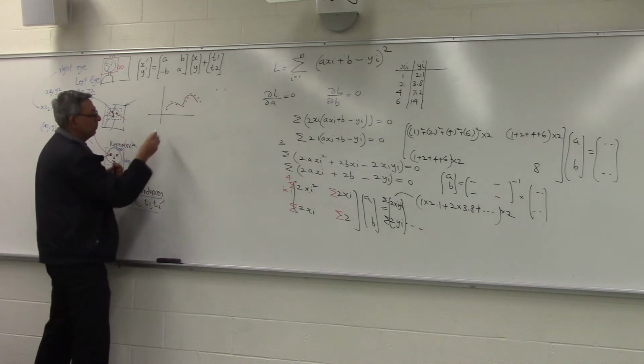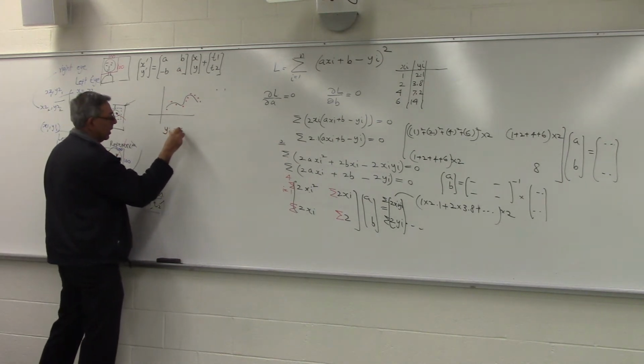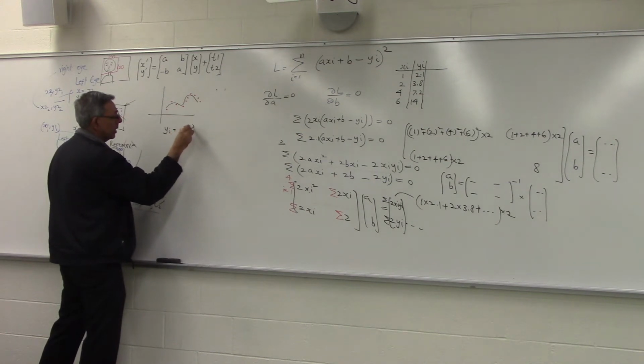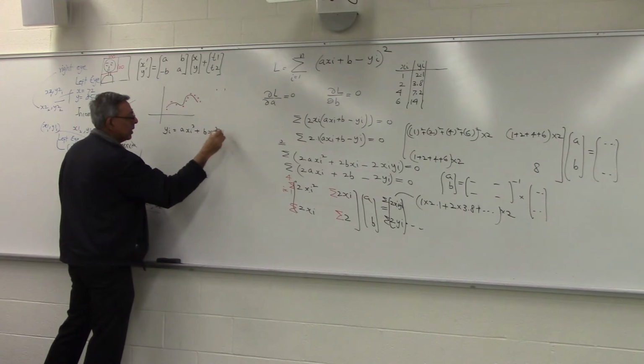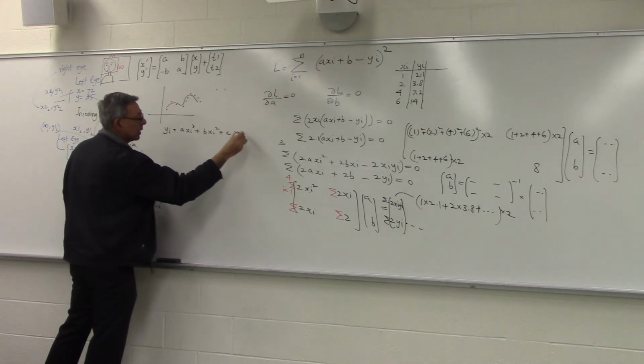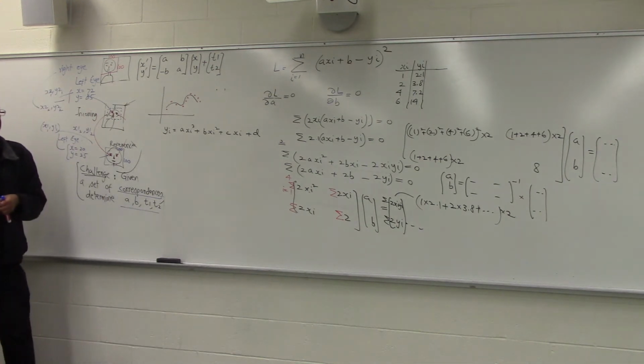So your model will look like this: y of i equal to a xi cubed plus b xi squared plus c xi plus d. That's what we mean. It's a third order model.